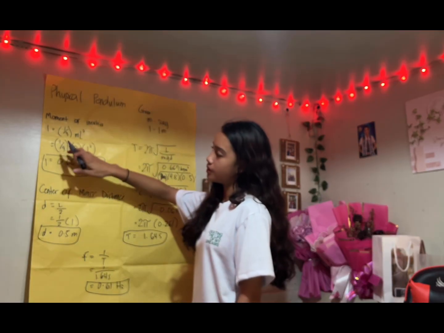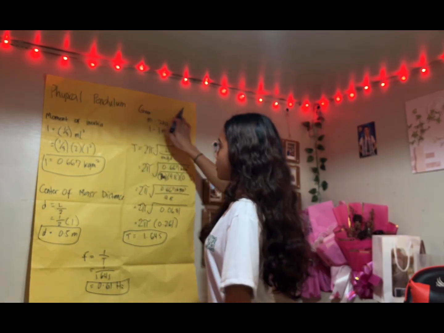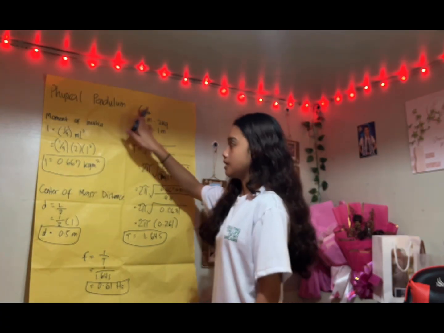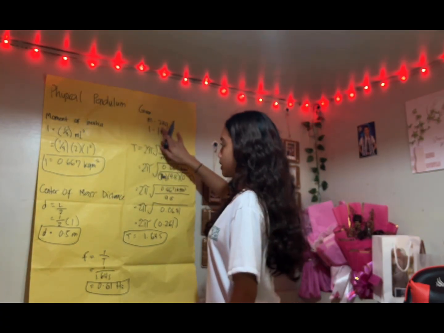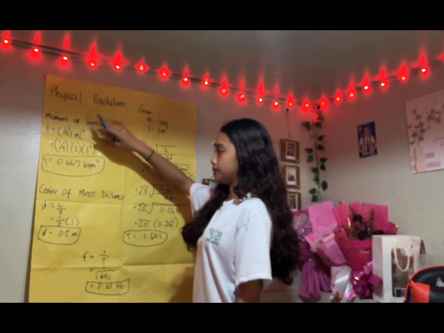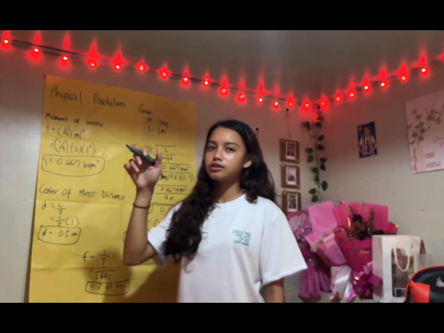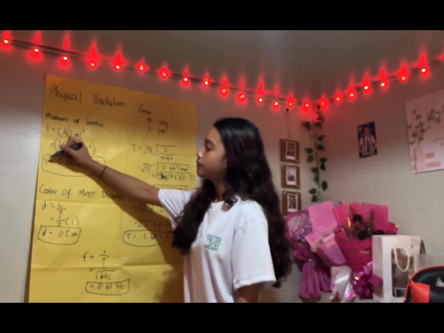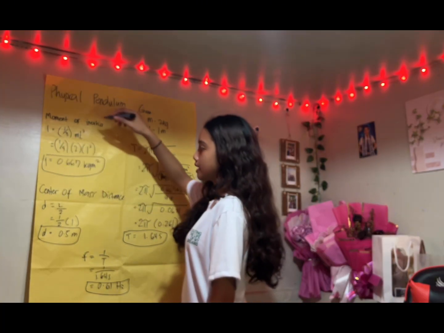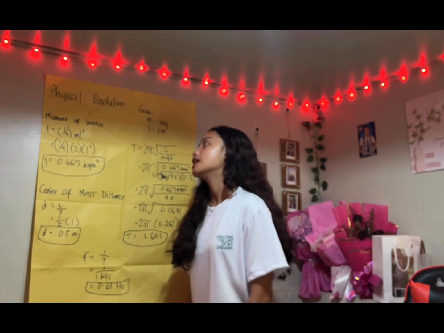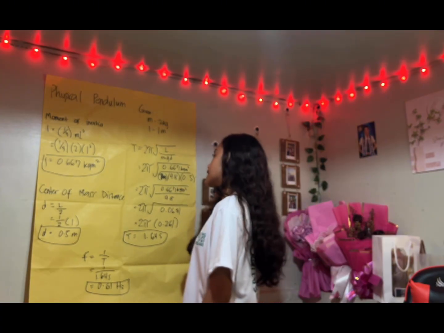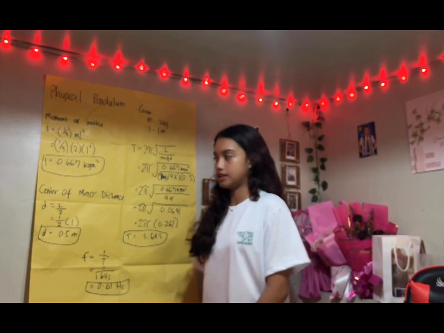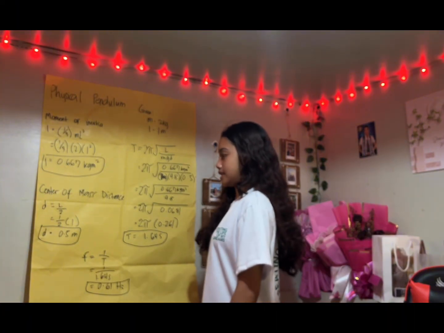So 1 over 3, m given is 2 kg, that's why 2, and L is 1, so 1 squared. Multiply it out, and the final answer for I is 0.6667 kg m squared.